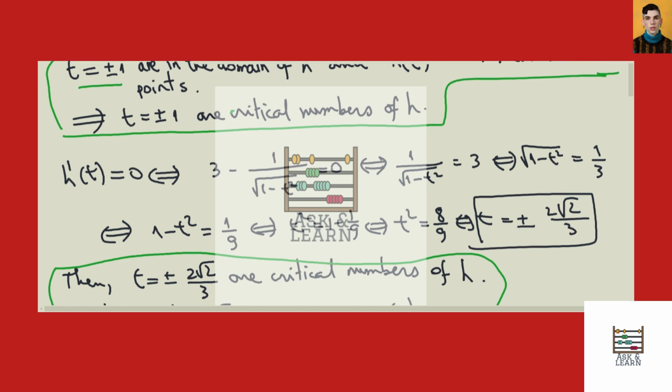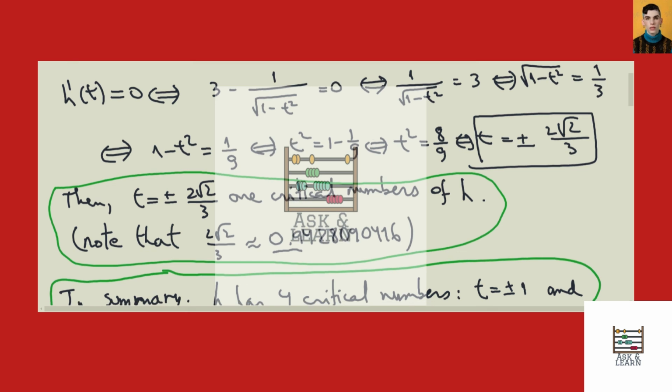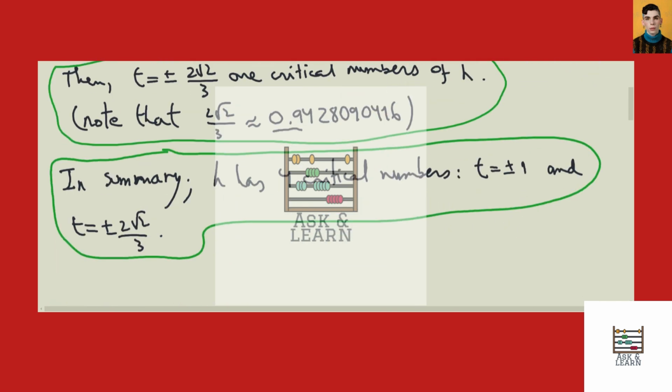And the other part is derivative equals 0, and the points we found are both in the interval -1, 1, and so they are critical numbers of h also. In summary, we have 4 critical numbers of this function: the endpoints of the domain -1 and 1, where the derivative does not exist, and the numbers plus or minus 2 square root of 2 over 3, which are critical numbers because they are in the domain of the function and the derivative at those points is equal to 0.